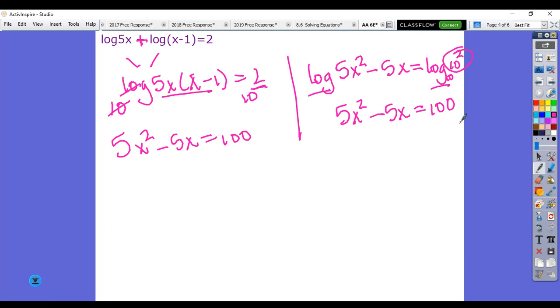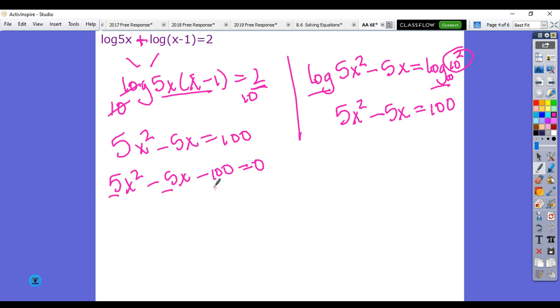All right, now to solve this is a quadratic. I'll just use this, has more room. How do you solve any quadratic equation? We want to set it equal to 0. So I'm going to move my 100 over. I notice now quadratics, I always try to factor first. Because half your IB test is going to be non-calculator, more than likely you're going to have to factor if it's a quadratic.